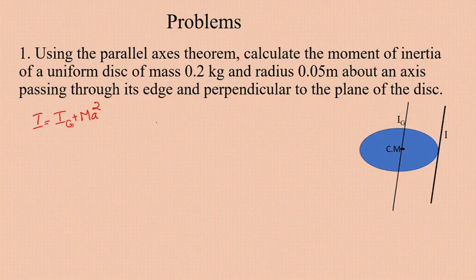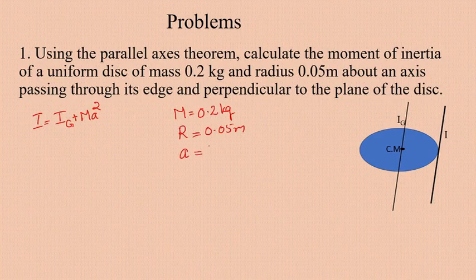We are given the mass of the disk, m is equal to 0.2 kg, and the radius is 0.05 meter. And what about a? Here a is nothing but the radius, the distance between the two axes.